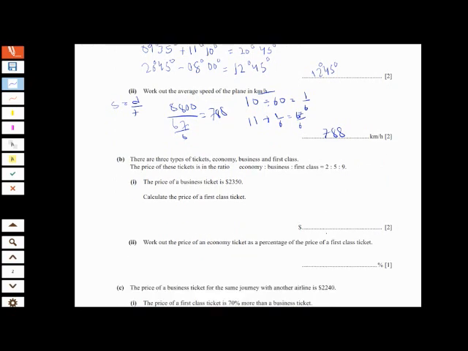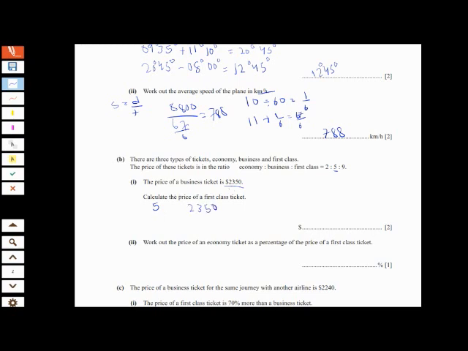So now question B, there are 3 types of tickets: economy, business, and first class. The prices of these tickets are in the ratio economy to business to first class, 2 to 5 to 9. The price of a business ticket is 2,350. Calculate the price of a first class ticket. We know that business class is 5 in the ratio, and the value of 5 is 2,350.